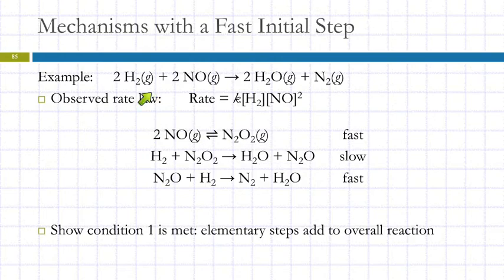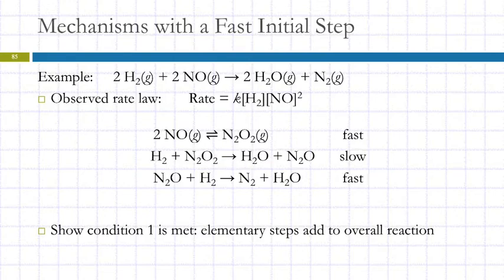So in this example that we were doing, we had 3 steps. The first was fast, the second was slow, the third was fast. We don't need to look at that last fast step at all. Because once this occurs, the rest of it goes. It's going to go as fast as it can. Because it's this step that holds everything up.